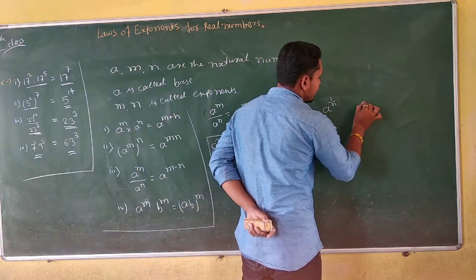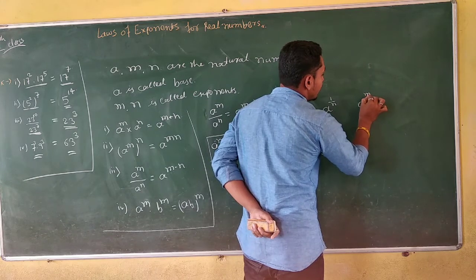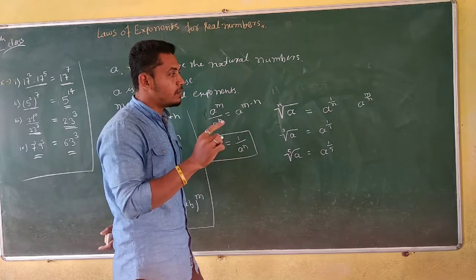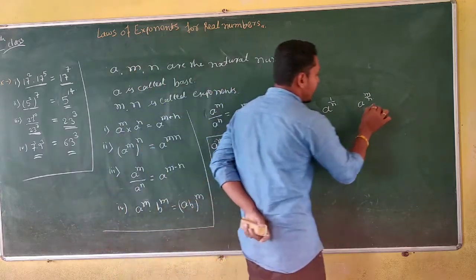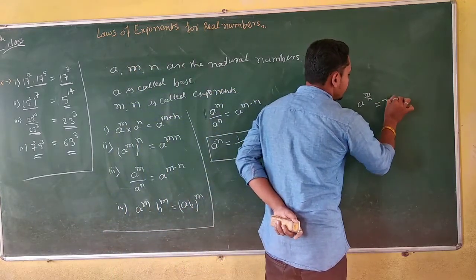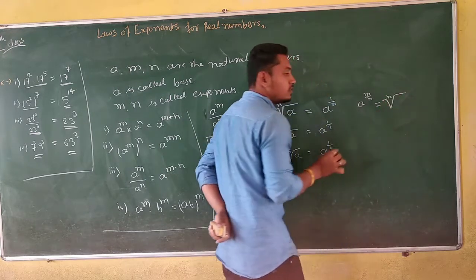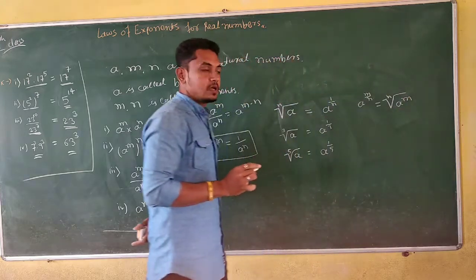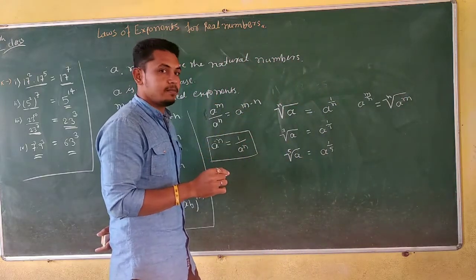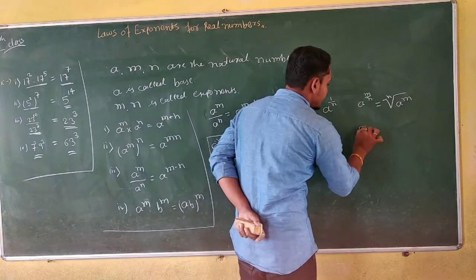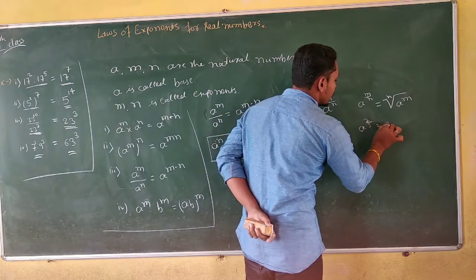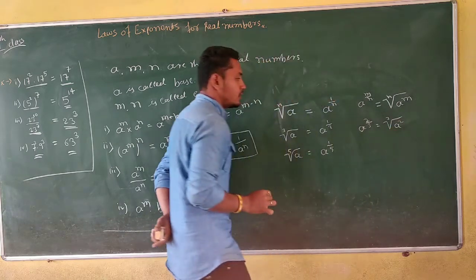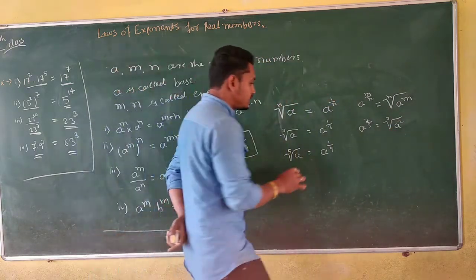Now we can write a to the power m divided by n. How can it be written? It can be written as the nth root of a to the power m. For example, a to the power 2 divided by 3 is equal to the cube root of a squared.